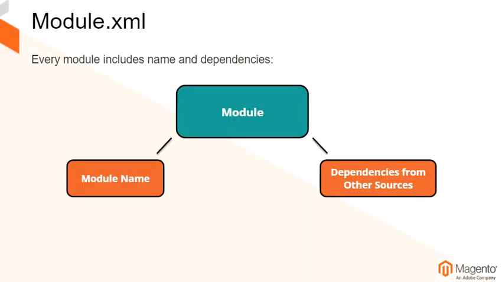The module.xml file must be located in the etc subfolder of a module, for example, Magento/Catalog/etc. Note that the etc starts with a lowercase e, while typically a module's subfolders start with an uppercase letter. The module.xml file includes pieces of information: name and dependencies.